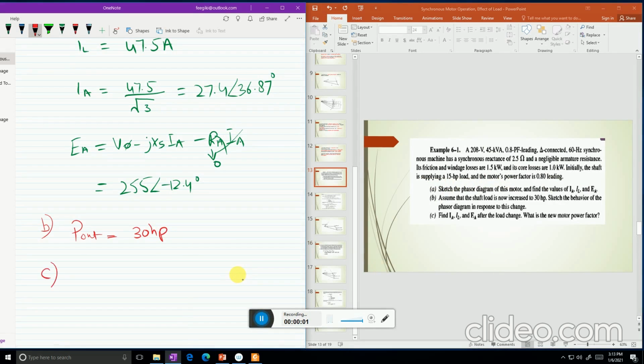Now part C. In part C, find IA, IL and EA after the load change, and what is the new motor power factor. As we know, the power factor will also change when the load increases.